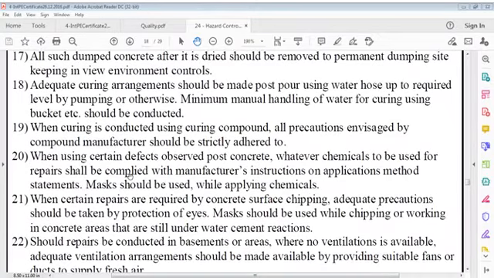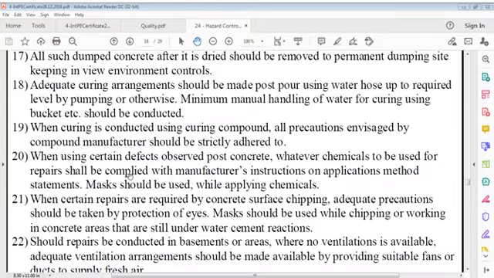When curing is conducted using curing compound, all precautions envisaged by the compound manufacturer should be strictly adhered to, because curing compound is like a chemical, though it doesn't have that type of chemical yet.